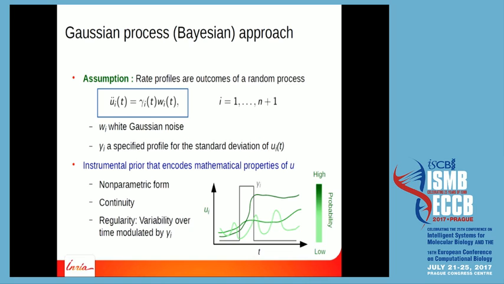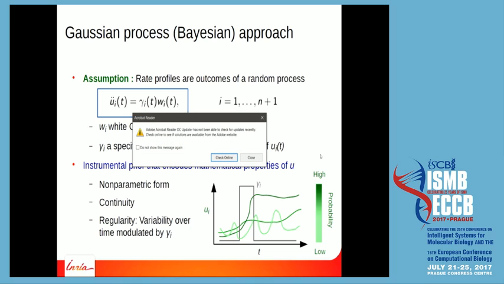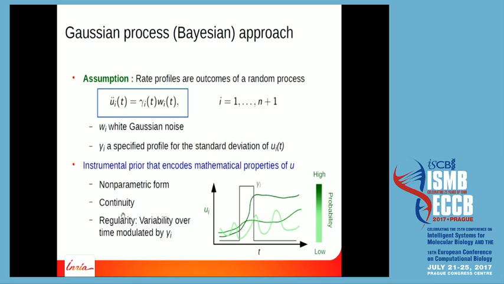To give you an example, this technique allows you to introduce some information on what you are seeking. In particular, because this is formally a double integral of a white noise, this is a non-parametric form. I'm not saying that a specific trajectory will have to be a function with such and such parameters.